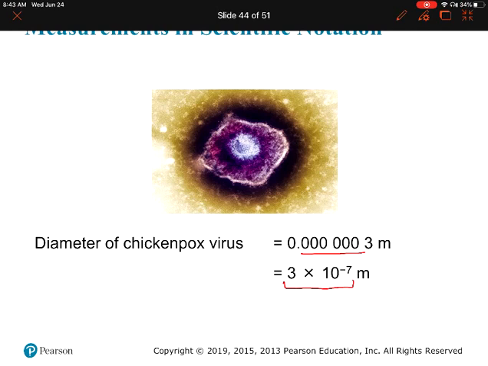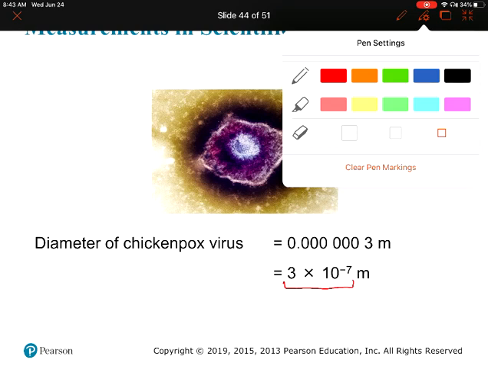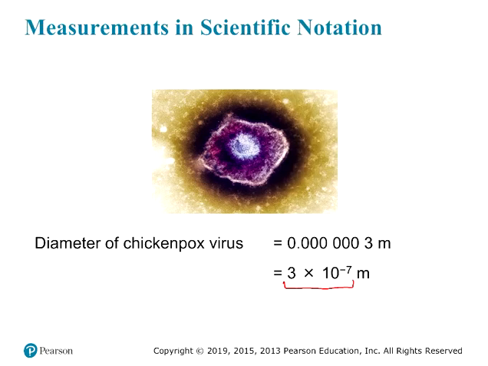So let's actually go through the process of figuring out that scientific notation. All right, so we have a decimal point here, and we know that our coefficient has to be between 1 and 10 or equal to 1. That means our coefficient should be 3, because that's between 1 and 10.